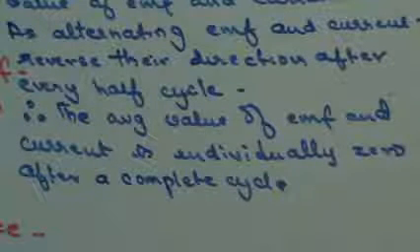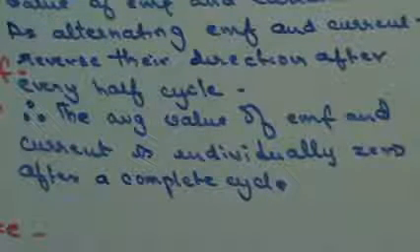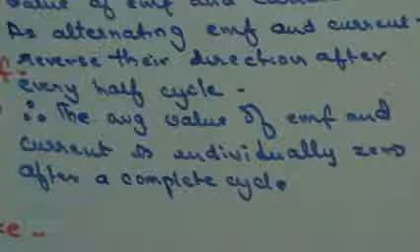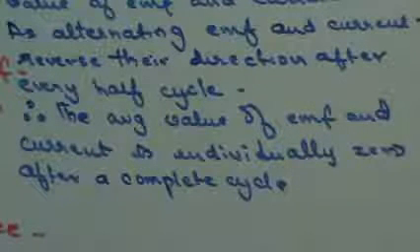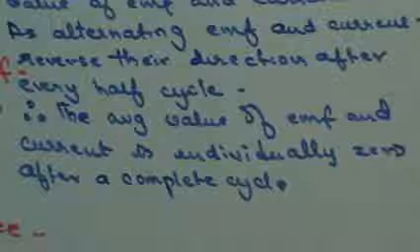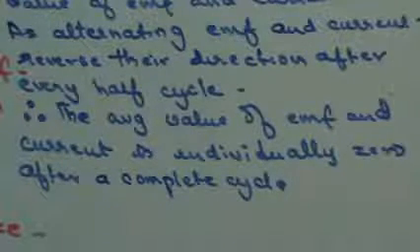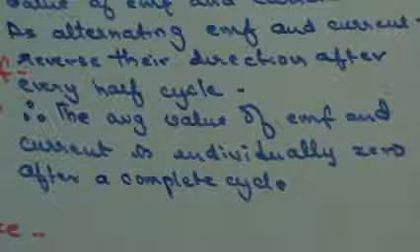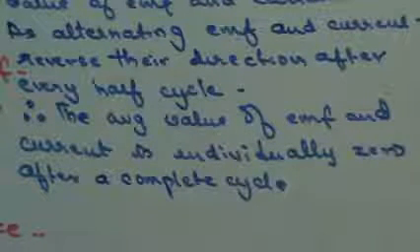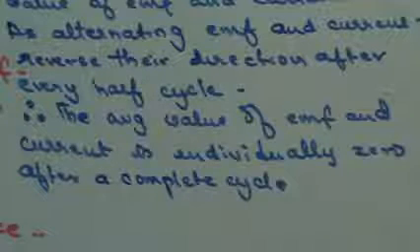Theoretically speaking, the average value of EMF and current in an AC circuit should be zero. But when I practically measure it using a galvanometer, it does not show zero deflection. It does show some deflection. This shows that there is a certain amount of average value of EMF and current flowing through the circuit. Right? Now, let's see this.